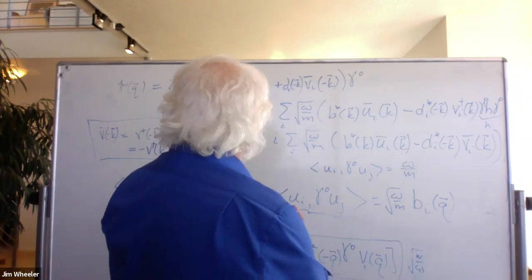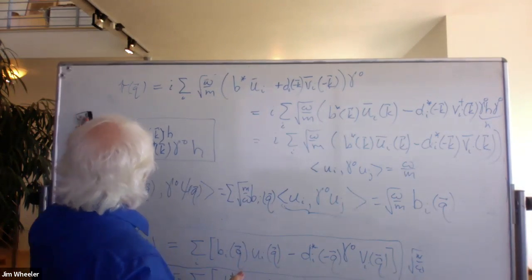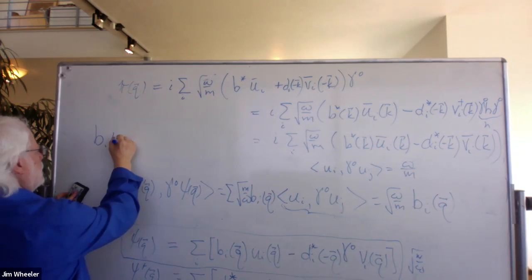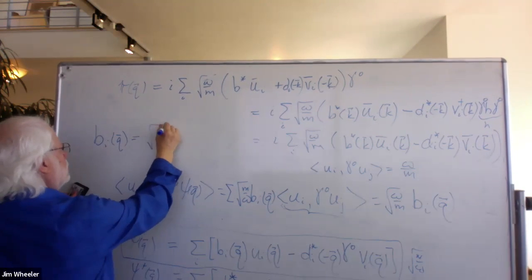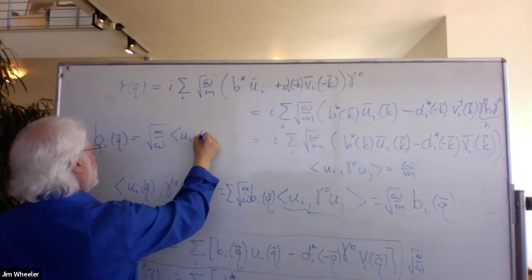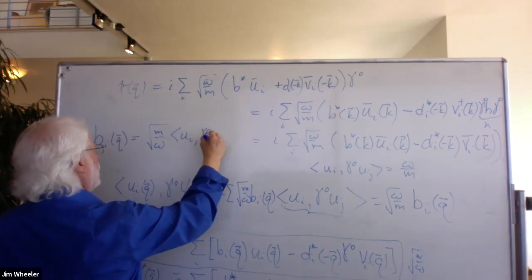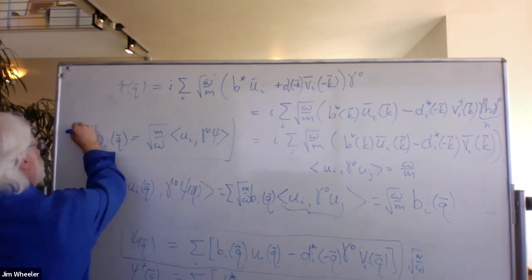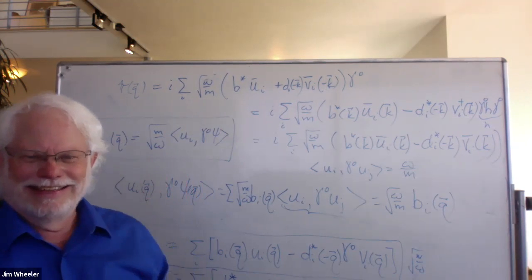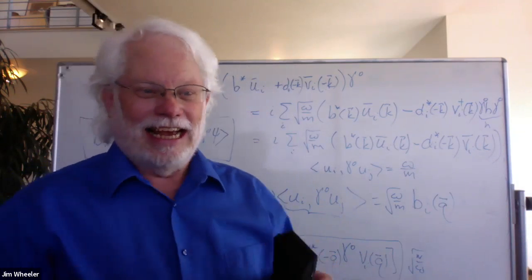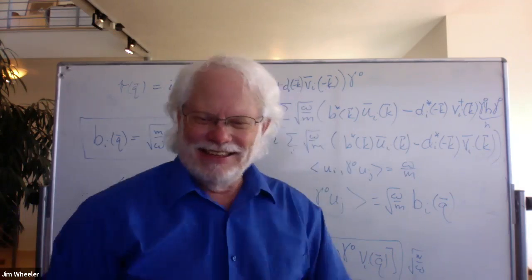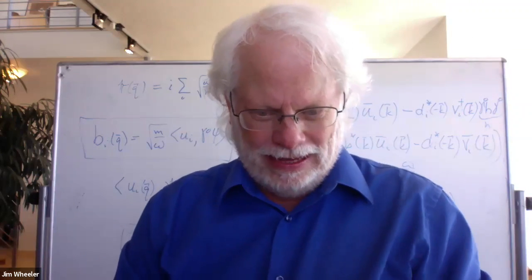So the upshot of all this is that we can write B j of Q as root m over omega times the inner product of u i with gamma 0 psi. So think kindly, because I could have just written that in the end and said, do that as an exercise, and left you all of the details here.